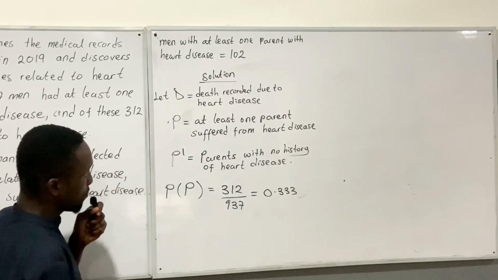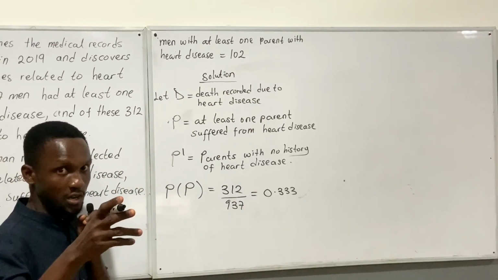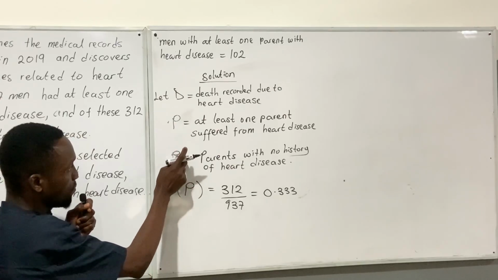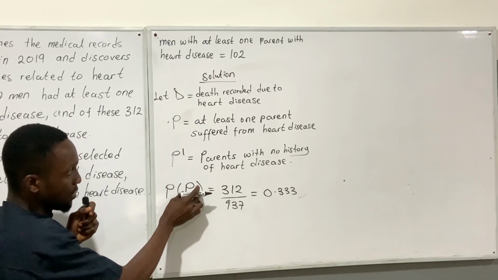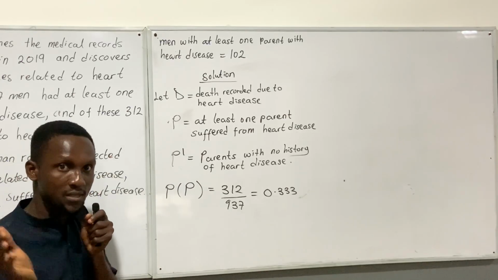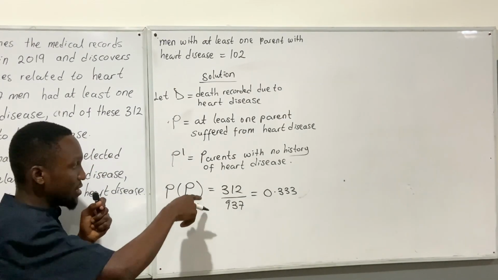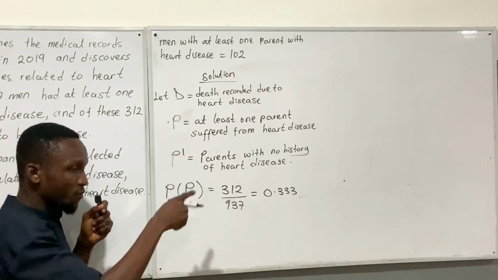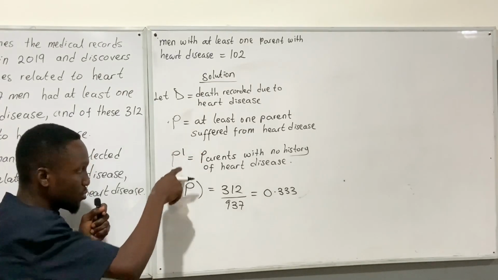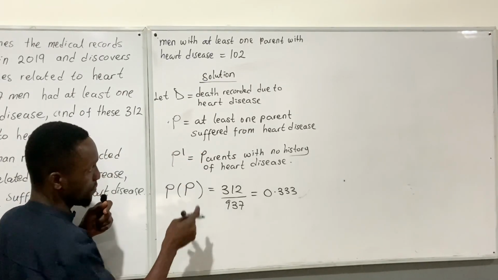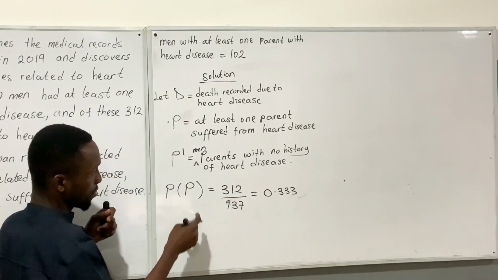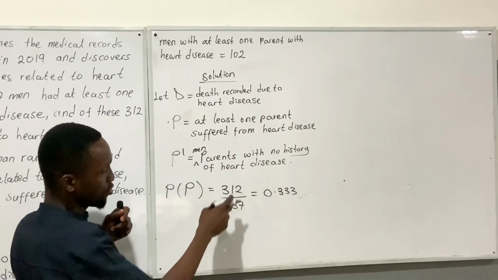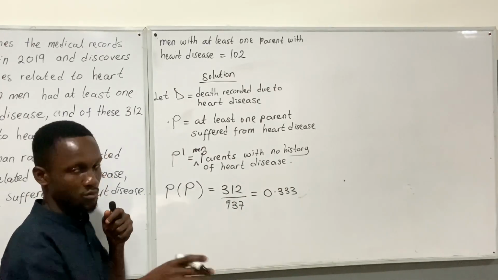Now, because of conditional probability, we can find P1. If I have the probability P, the main probability should be equal to 1. If I subtract the probability P from 1, I should have its complement. So parent with no history of heart disease. Here, I think I can put men here. So men with parents with no history of heart disease, so I don't confuse you with this one.